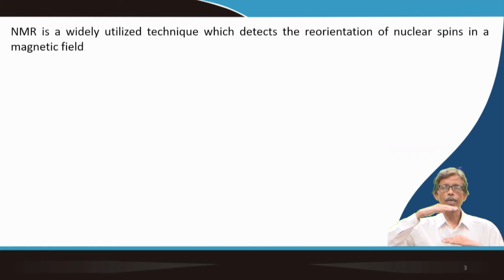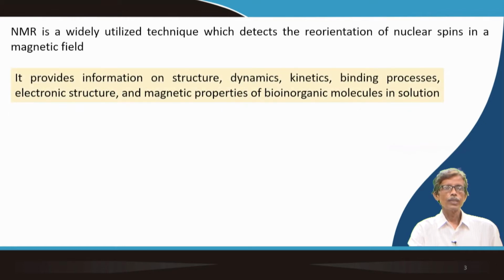That means it is the nuclear energy levels, not the electronic energy levels, that we look at when there is an applied magnetic field. It is a superconducting magnet, kept in liquid helium as well as liquid nitrogen. That provides very useful information.